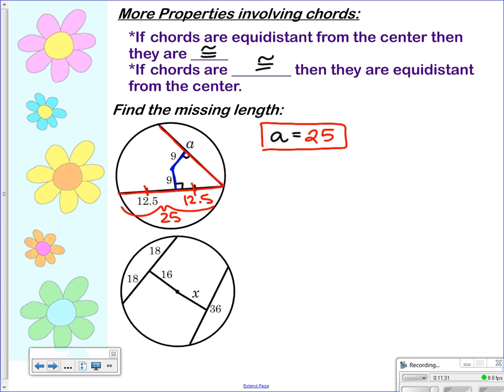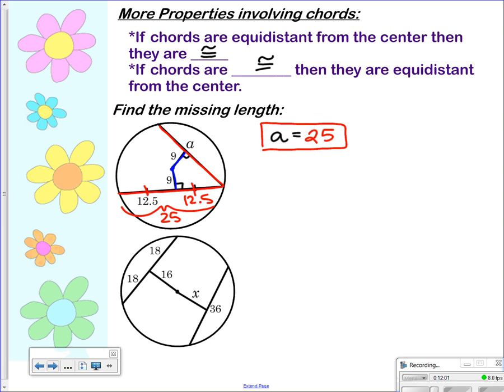Okay, now the second circle that's drawn is showing you the second property that you wrote down. So it says if chords are congruent, then they have to be equidistant from the center. So if you look down here, do you know these chords are congruent? How do you know? Okay, these segments, 18 plus 18, are going to add up to be 36, which is the same length as the other chord.